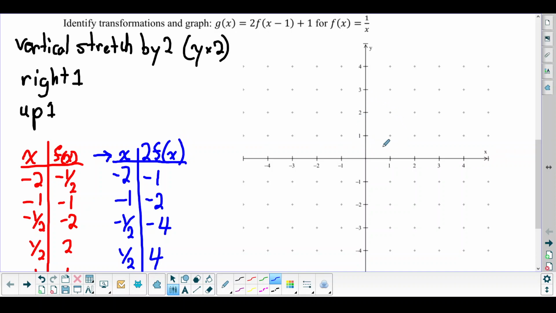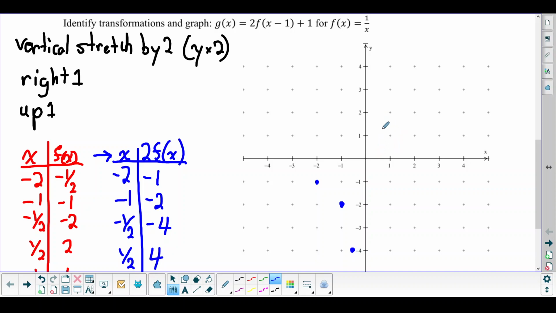Okay, so let's graph this one here. So -2, -1. We got a dot. -1, -2. -1/2, -4. Okay.